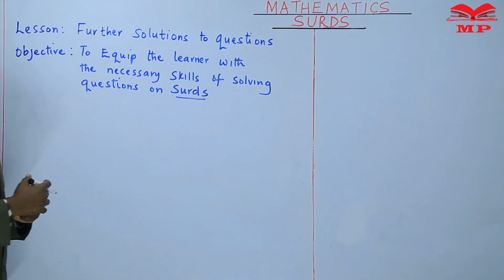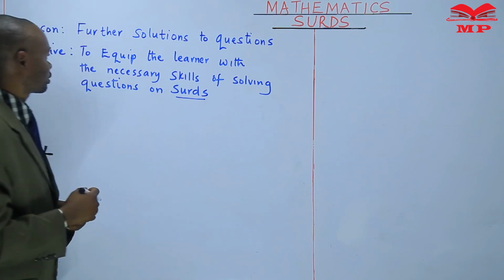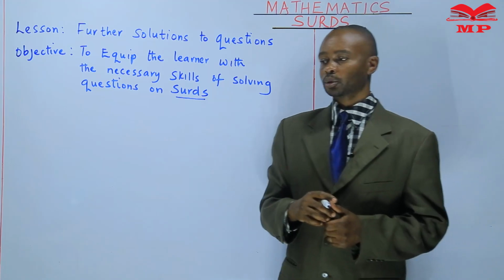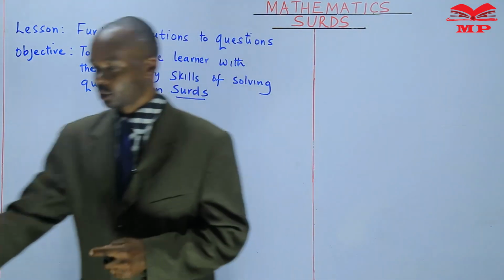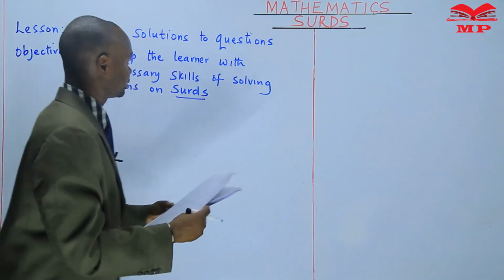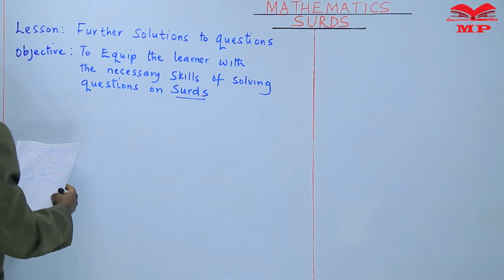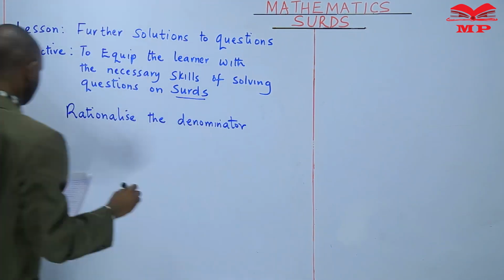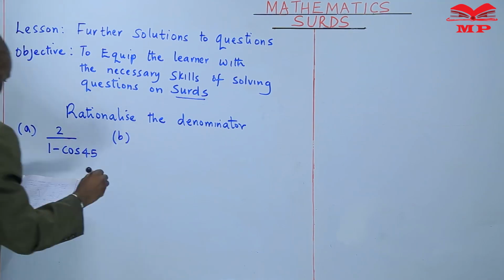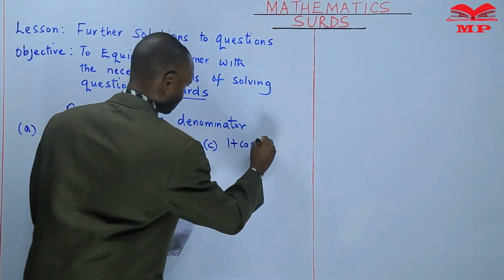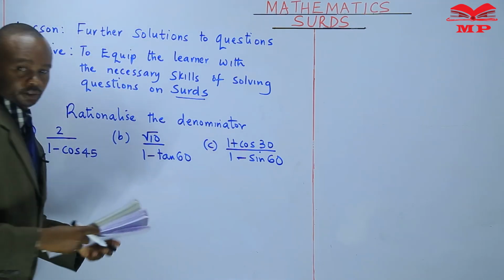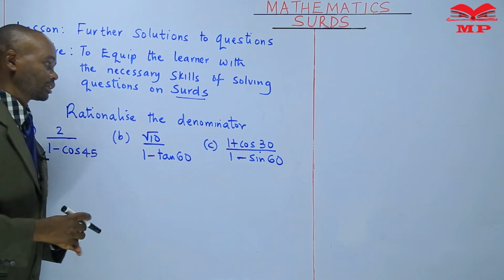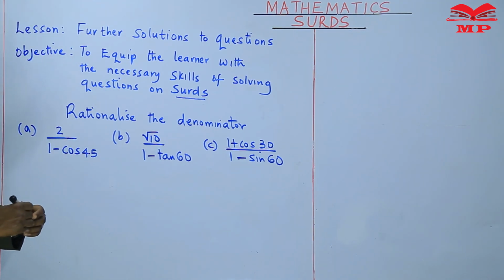And as usual, we always look at the various questions to get what is required. So, rationalize the denominator. That one we know because in the last lesson we looked at the conjugate surd.